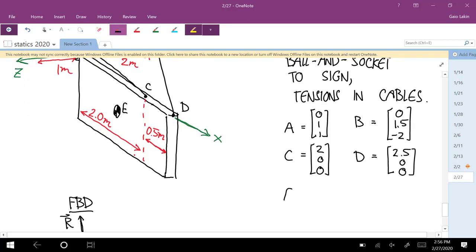And then the center of mass at E, in the positive x direction, the whole thing is 2.5 meters. We're going to the midpoint, so 1.25. For y, it doesn't matter because the weight force is vertical. And then for z, it's 0.